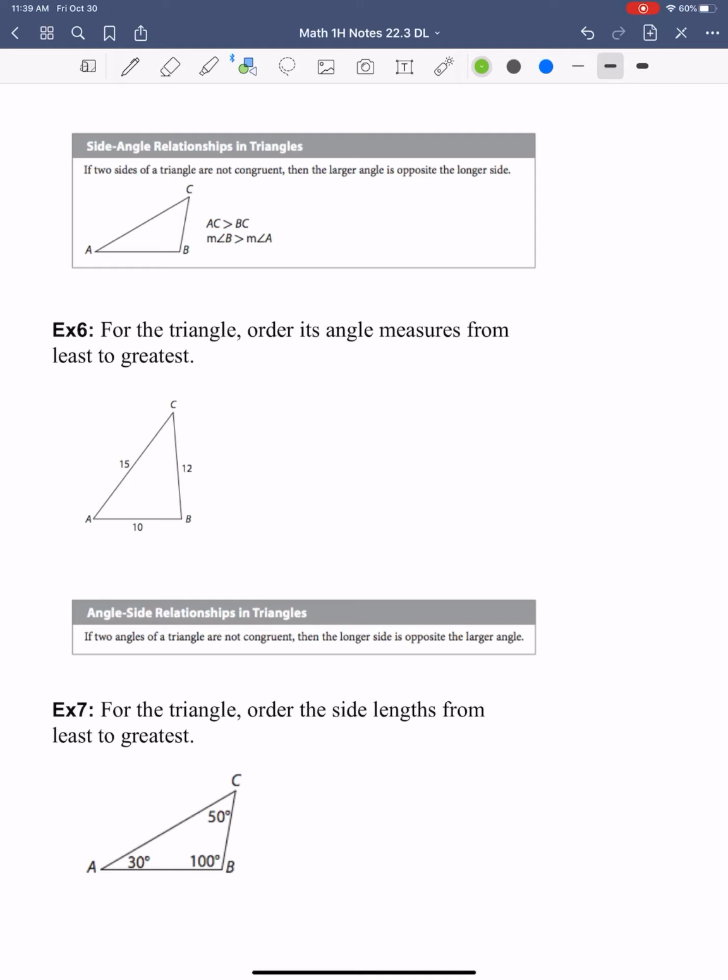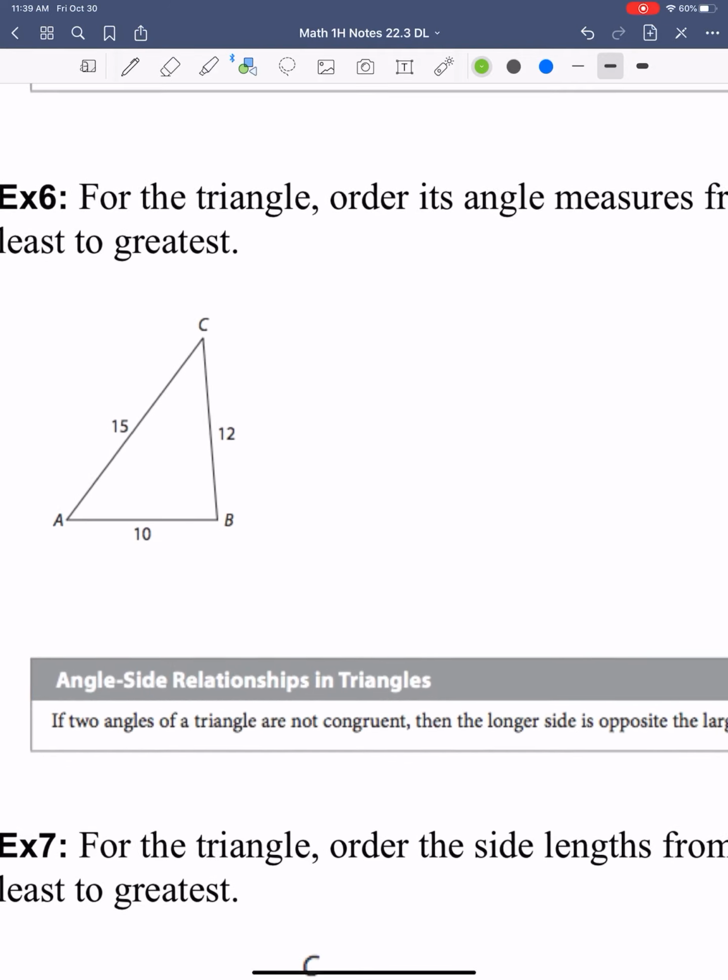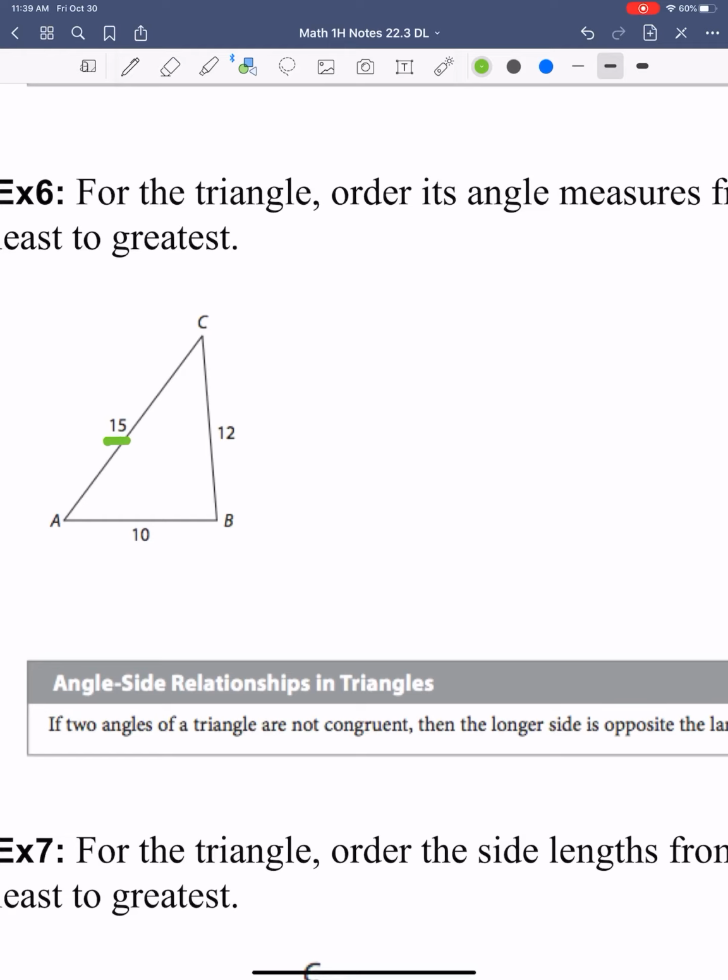So basically what this is saying here is that if I've got, I'm going to jump into this next example, if I've got the largest side in this case is 15, it'll always be opposite the largest angle. Okay, and so that means I know for this triangle, the largest angle is going to be B. All right, and then if I've got the smallest side, which is 10, it's going to be opposite the smallest angle, right? And then 12 would be right in the middle.